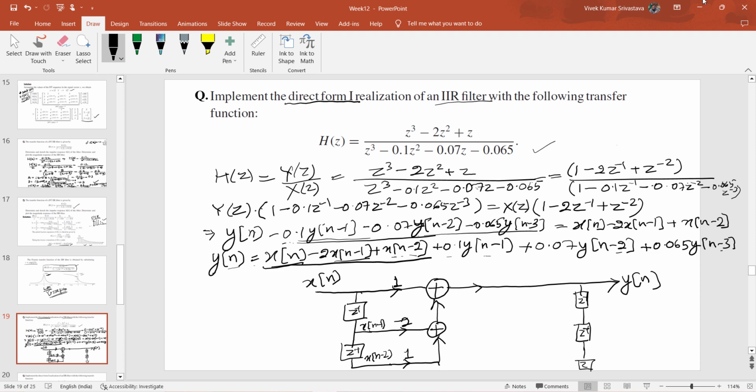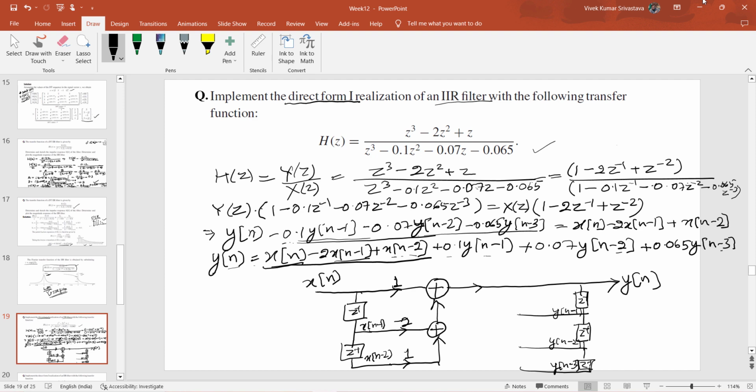From here we will get y of n minus 1, and here you will get y of n minus 2, and here you will get y of n minus 3.